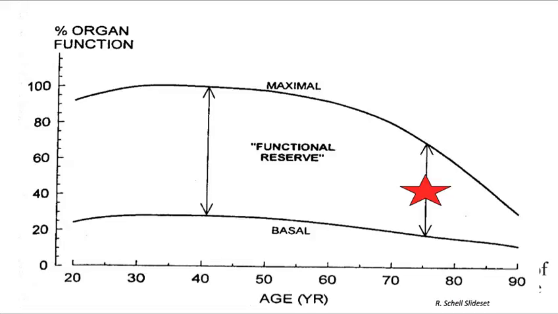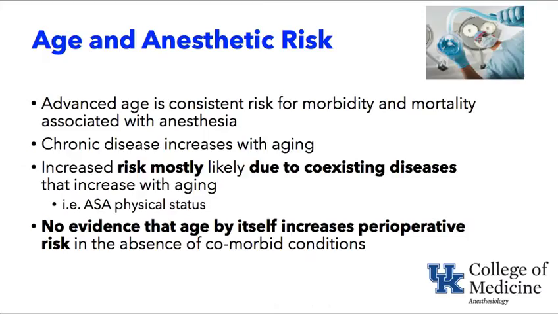And as that organ function falls off, you can still see it significantly above the basal rate, and there's still a good functional reserve, but at some point that functional reserve gets less and less, and when you stress that elderly patient, they may not be able to crank up the heart rate, the cardiac output, the stroke volume, the minute ventilation, etc., to meet some of the stresses that may occur in the perioperative period.